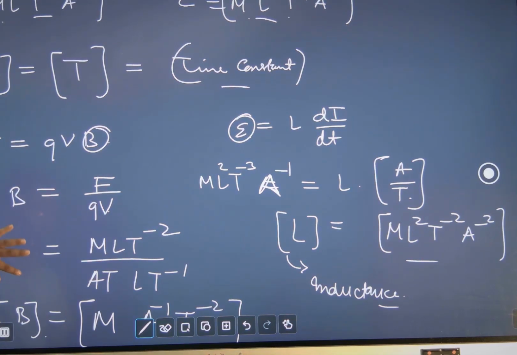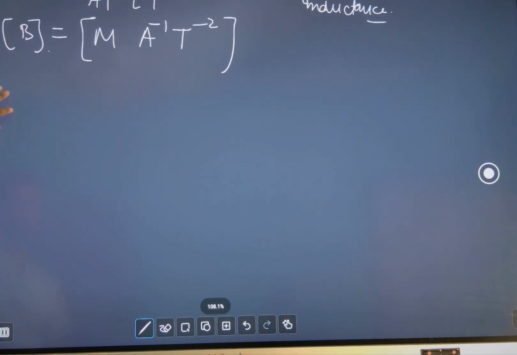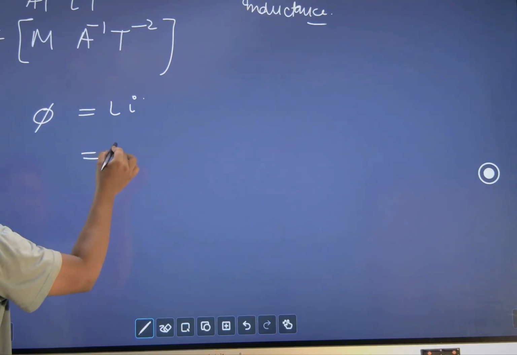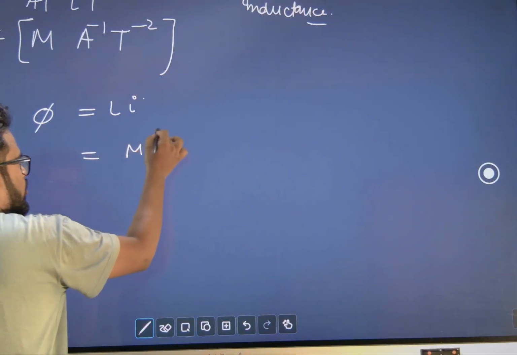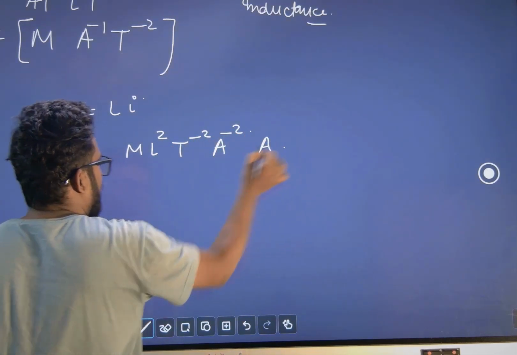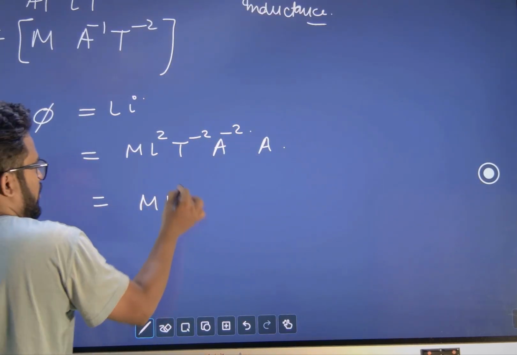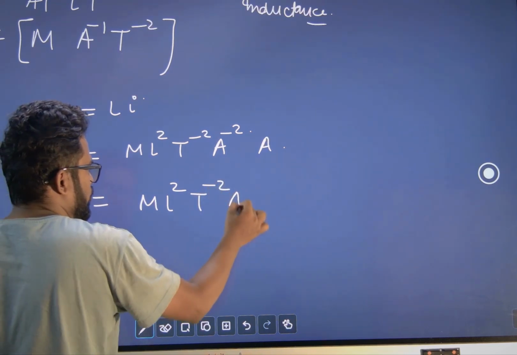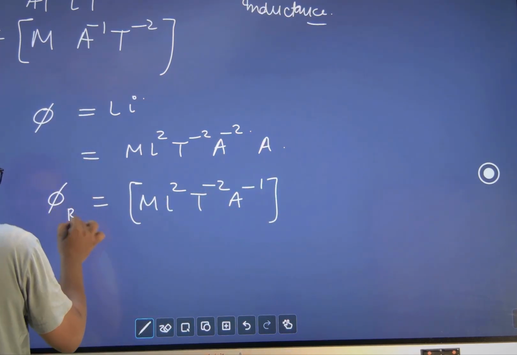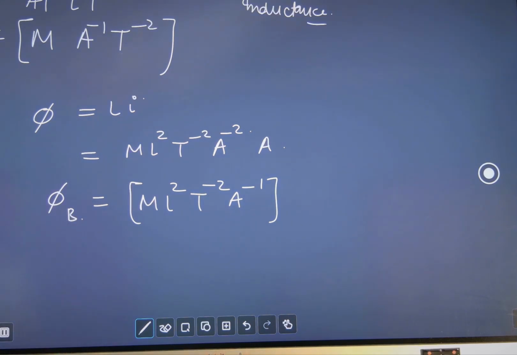Okay. Now from inductance we can connect flux also. So flux equals Li. So ML^2T^-2A^-2 into current A, it would become ML^2T^-2A^-1. This is magnetic flux, not electric flux.